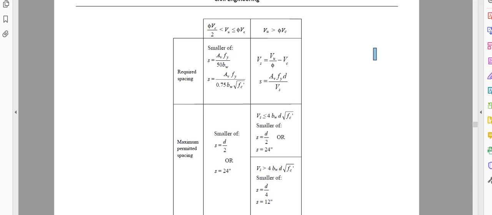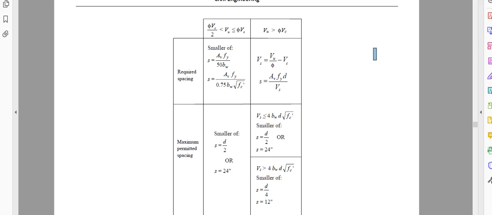If your Vs is less than this equation, your maximum possible is d/2 or 24 inch. If your Vs is more than this, then the maximum spacing permitted is d/4 or 12 inch. Then your case will be this or this. So take a number from here, take a number from here. Based on these two considerations, choose a spacing of the reinforcement.